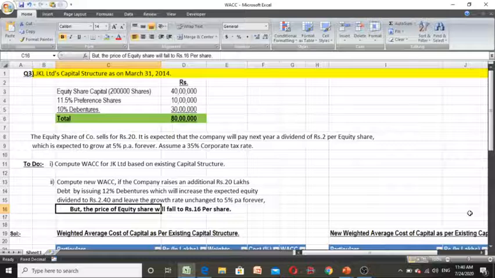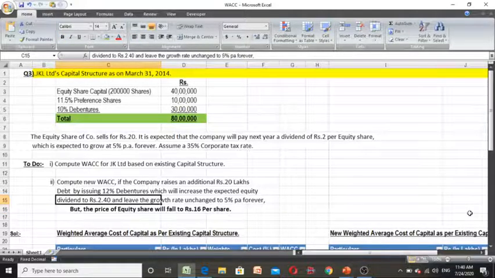So what they are saying is that in this existing capital structure, they are adding one more component, that is cost of debt. They are issuing 12% debentures, which will increase the expected equity dividend, which means that the dividend which was 2 rupees earlier will now increase to 2.40 rupees.